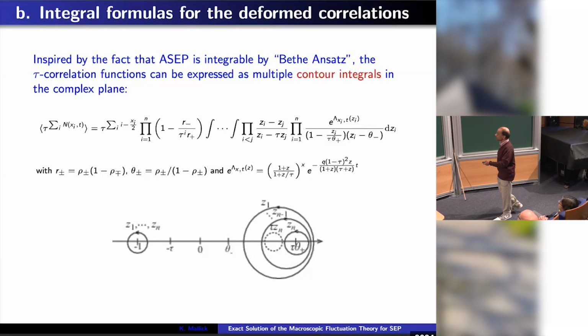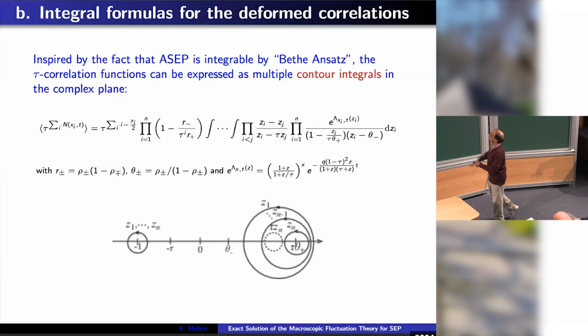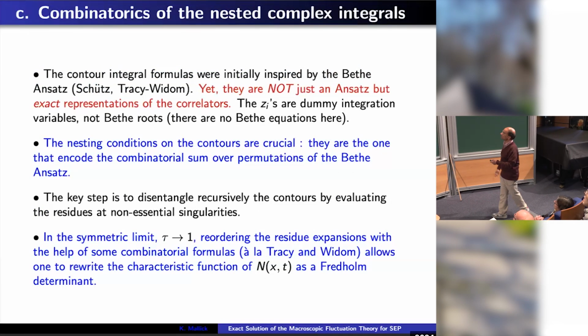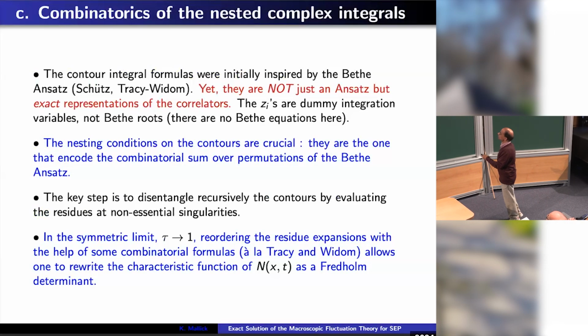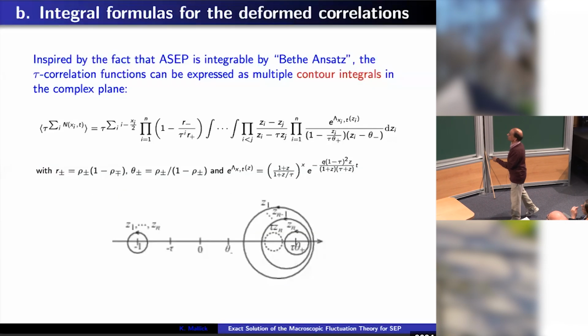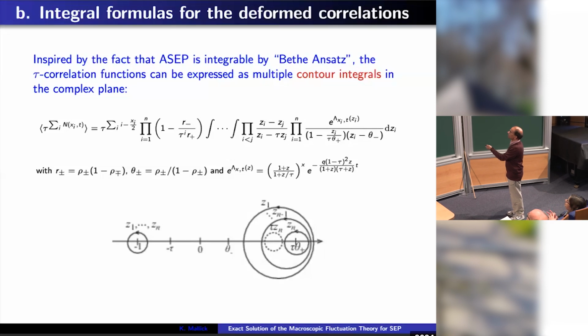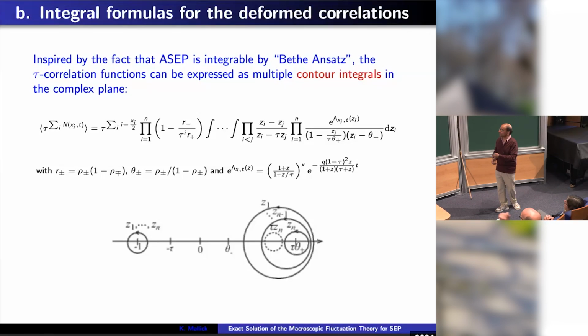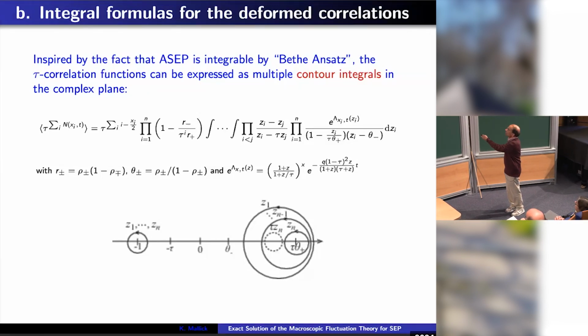And once you have them, so this is for ASEP, you have to go to the symmetric limit, and there's a major difficulty here: you have to do very complicated contour integrals with some entangled circles. And one major step in the problem is to do residue calculus for multiple complex integrals, which means to disentangle these circles.